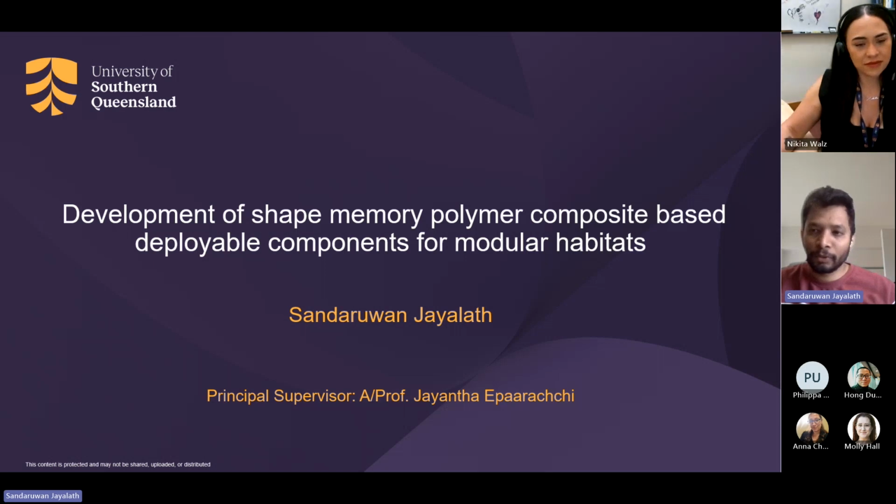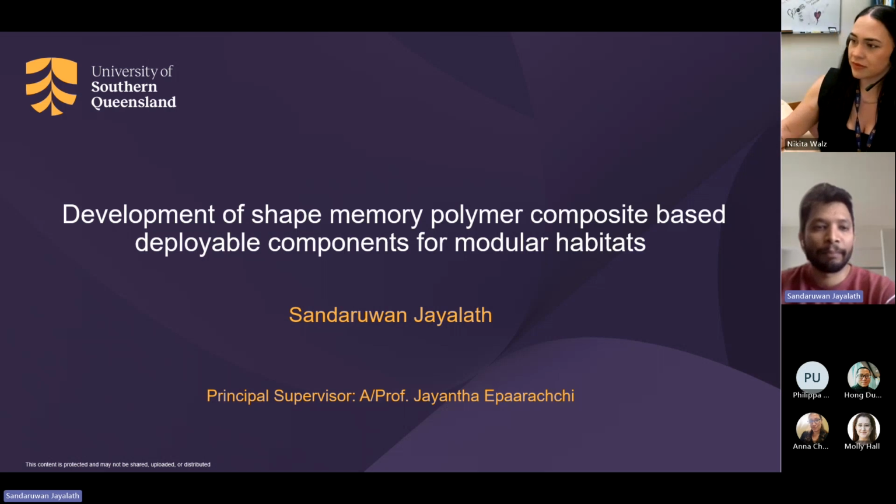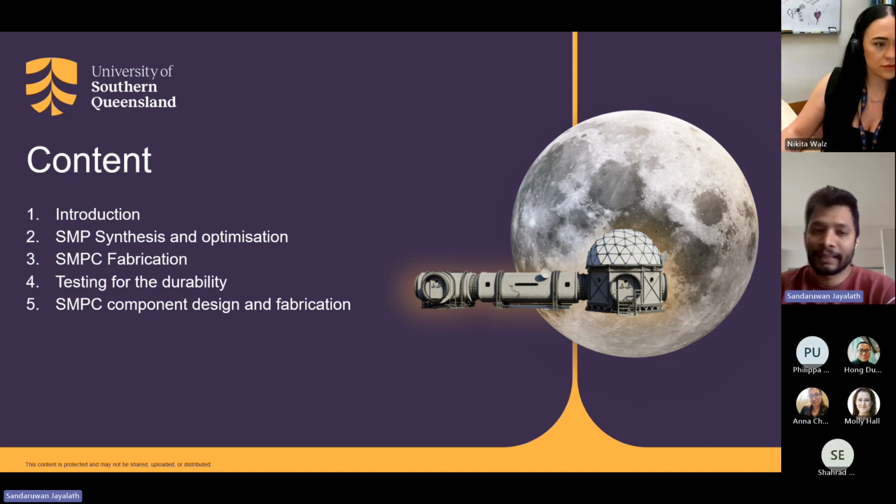So when it comes to my research topic, the research study I'm doing for my PhD is the development of shape memory polymer composite-based deployable components for modular habitats. And my principal supervisor is Associate Professor Jayantha Parachi. I will separate this presentation into 5 categories mainly. Introduction, and the shape memory polymer synthesis and optimization for my application.